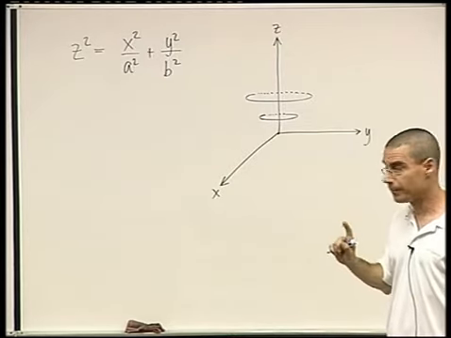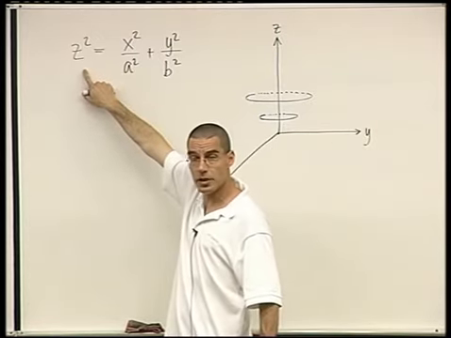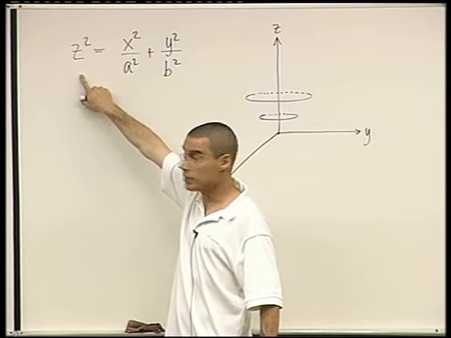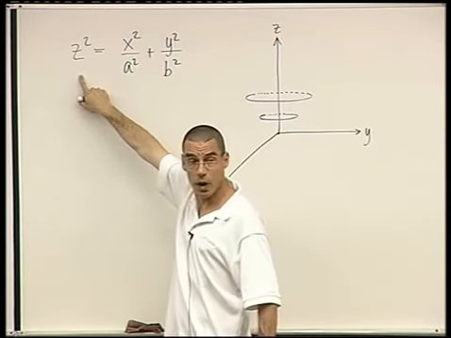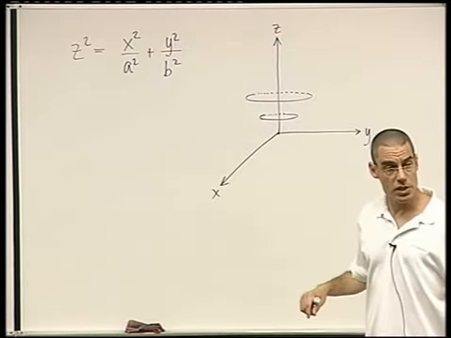But it's not. Why? For example, here I can plug in z to be negative. When z equals negative 1, z squared is 1, and it's again an ellipse. Do you see that?